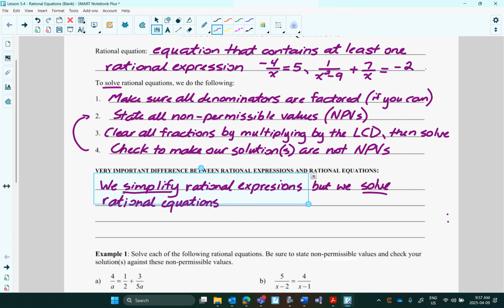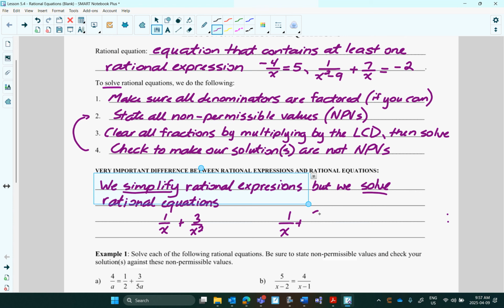So remember, if we had, say, something like this, 1 over x plus 3 over x squared. That's an expression. We would simplify it by finding the LCD and combine them, right? Okay. So our answer would be a fraction, wouldn't it?